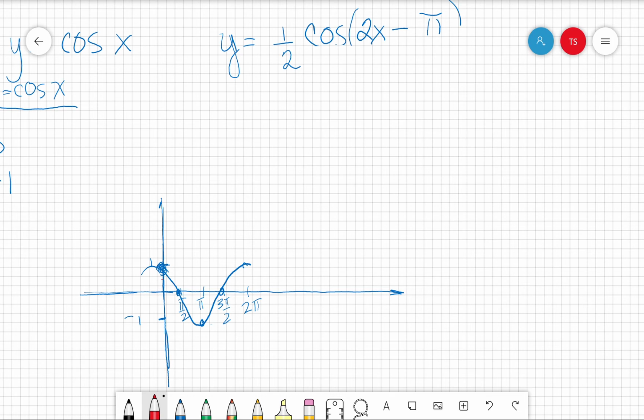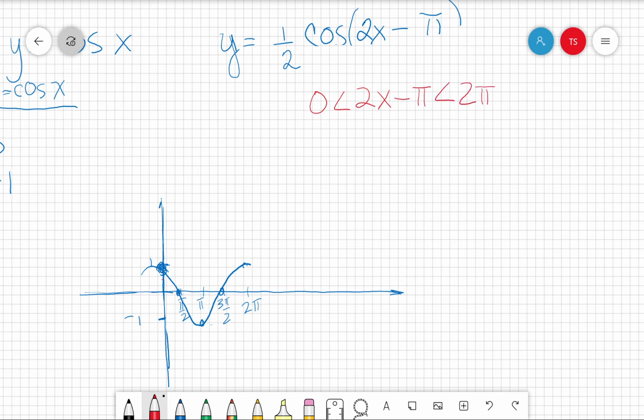So I'm going to start over with the graph of y equals 1/2 cosine (2x minus pi). We'll start by taking our 2x minus pi and putting it between 0 and 2 pi.